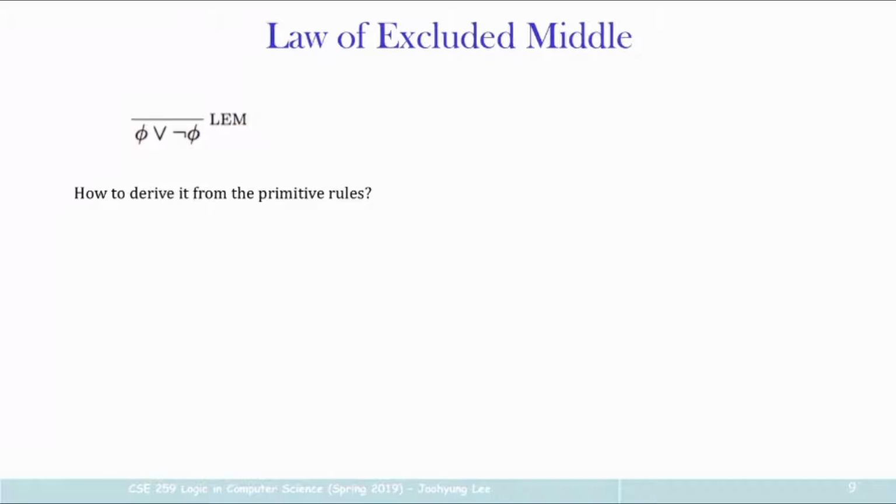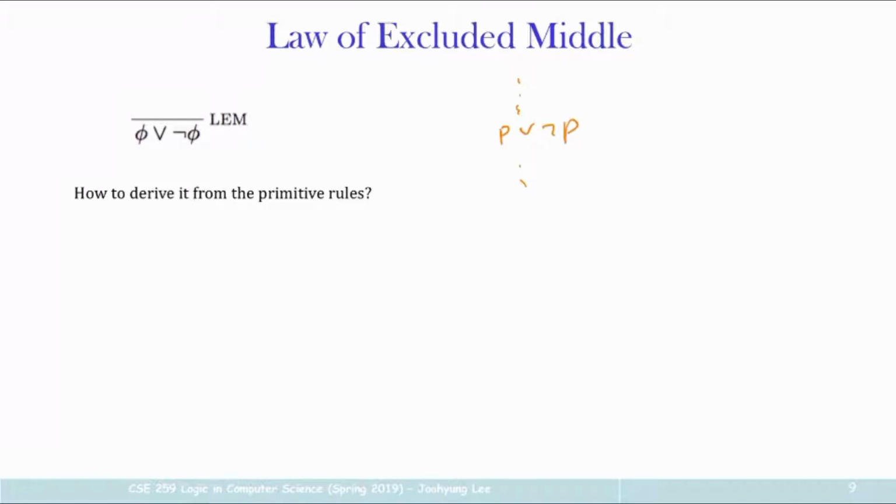You can just use this formula at any moment in your proof: phi or not phi. Anywhere in the proof, you can write phi or not phi. So, for instance, if you're writing some proof and you think that you need something like this, you're allowed to do it, because it doesn't require any other formulas to be established.